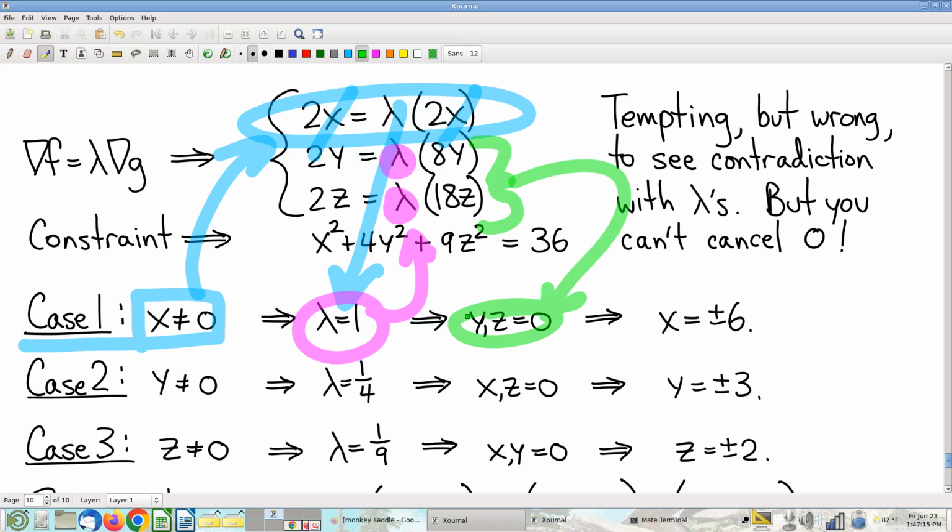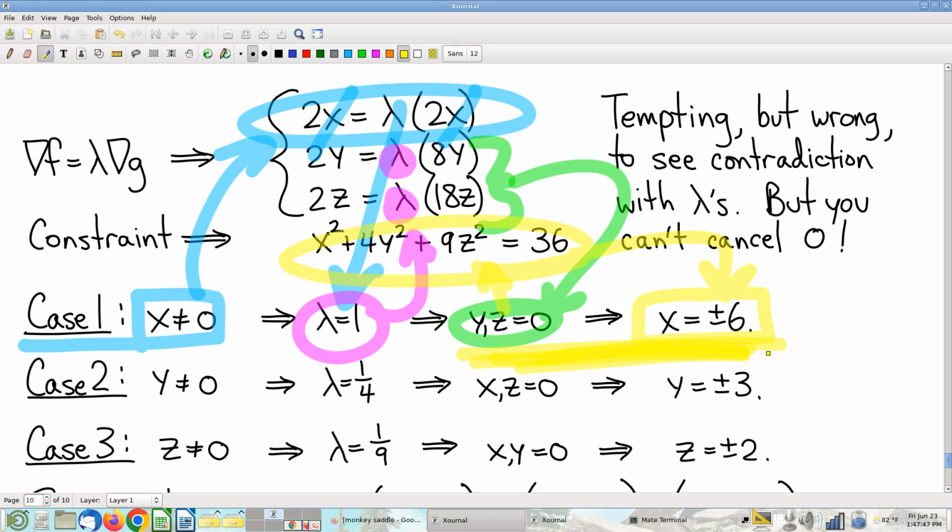If lambda is equal to 1, 2y equals 8y, so y has to be 0. Likewise with the z's. And then, when y and z are both 0, that allows me to solve for x. And so you see I actually get 2 critical points out of that first case: 6, 0, 0, and negative 6, 0, 0. Did everybody see how that algebra went down?